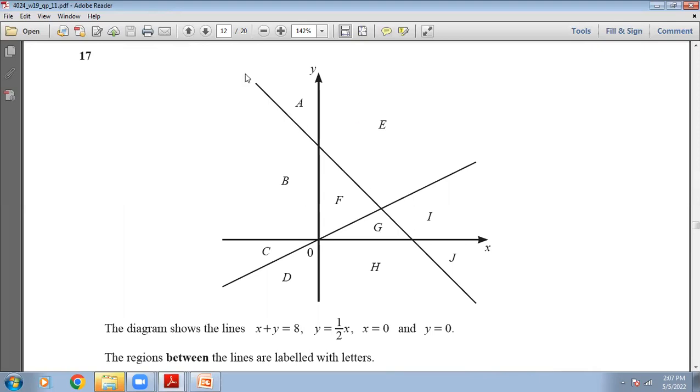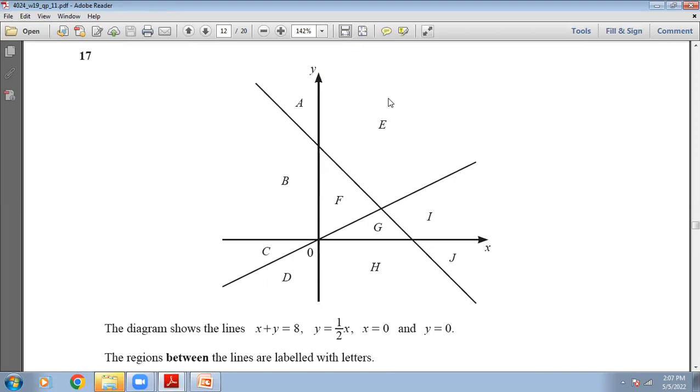And for this line, it is x plus y equals to 8, because the E is above this line. So you will have crocodile's mouth towards the y. So you will have x plus y greater than 8. And this line is y equals to x by 2. So because E is above this line, crocodile's mouth will be towards y.